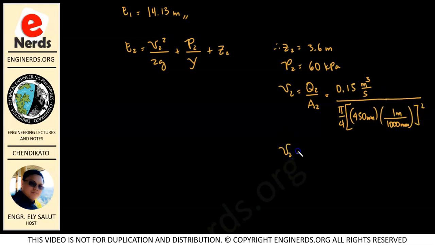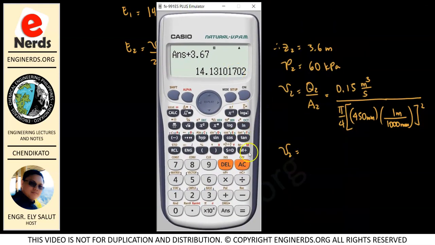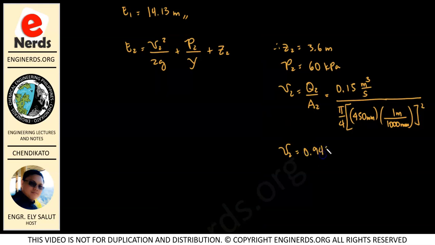So, our velocity 2 is equal to 0.15 divided by pi times 4 over 450 divided by 1000, squared, is equal to 0.943 meters per second.